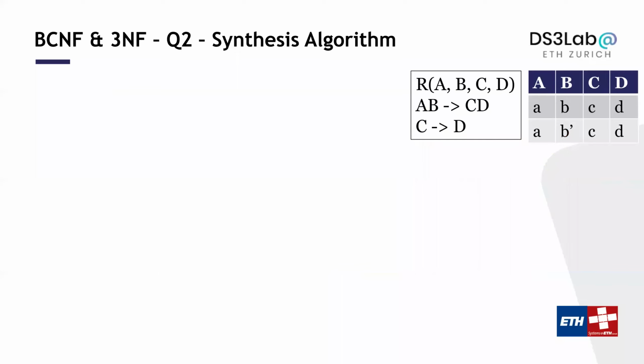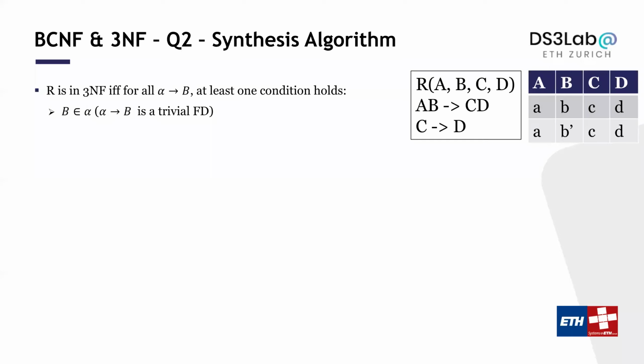Okay, so this is about BCNF. We talked about how to decompose a relational schema into a set of smaller relations, each of them satisfying BCNF. Now let's talk about the third normal form. Let's refresh our memory. A relation R is in third normal form if and only if for all the functional dependencies in the system, from alpha to beta, at least one of the conditions holds.